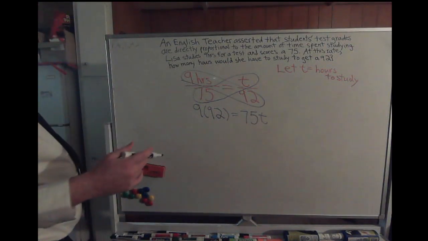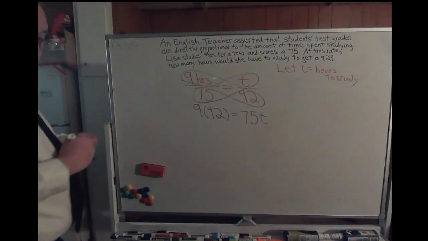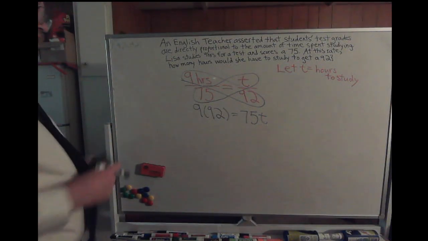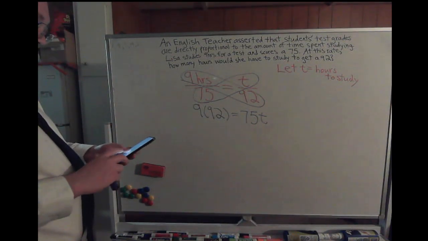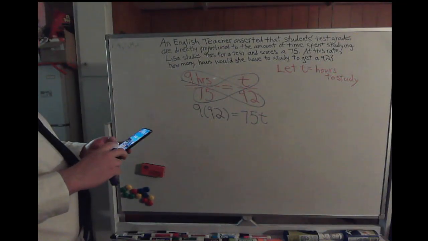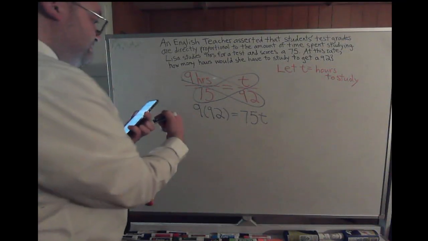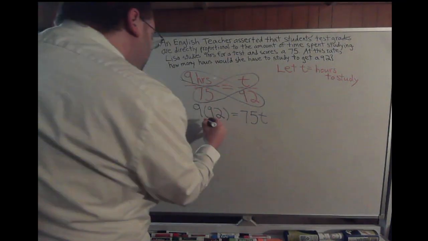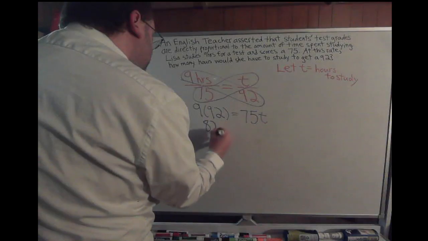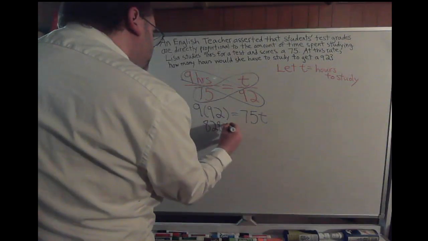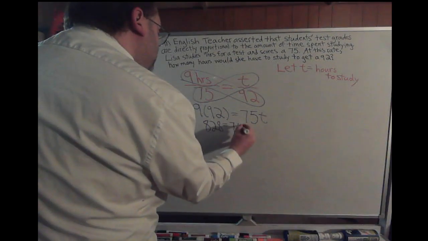Of course, let's do 92 times 9. I'm going to pull out my calculator for this. 92 times 9, that's 828. So you'll have 828 is equal to 75T.